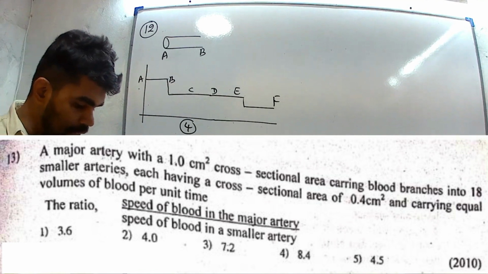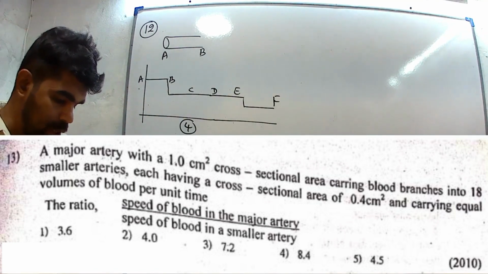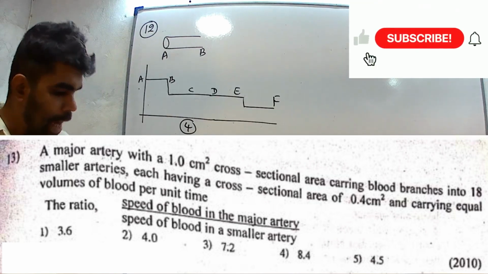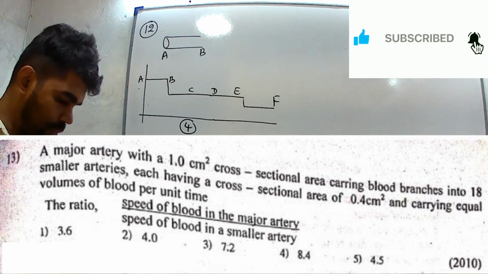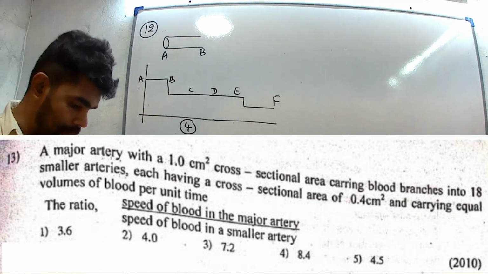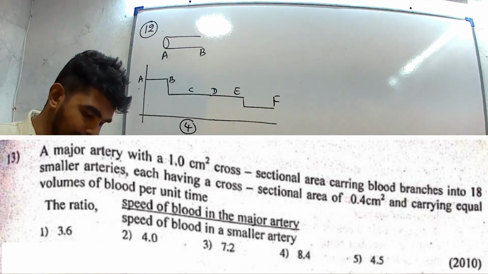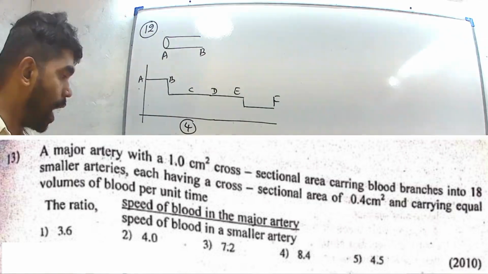A major artery with 1 square centimeter cross-sectional area of blood branches into 18 small arteries, each having a cross-sectional area of 0.4 and carrying an equal volume of blood per unit time. The ratio of the speed of blood in the major artery divided by the speed of blood in a small artery.